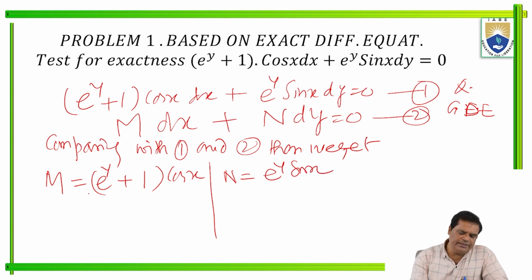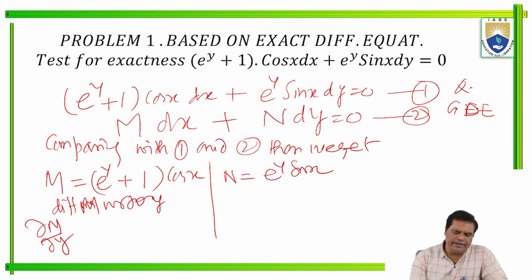So differentiating M with respect to y, del M over del y. Now here x is a constant, so cos x is constant. Differentiating e to the power y plus 1 gives e to the power y plus 0. So this is e to the power y cos x.